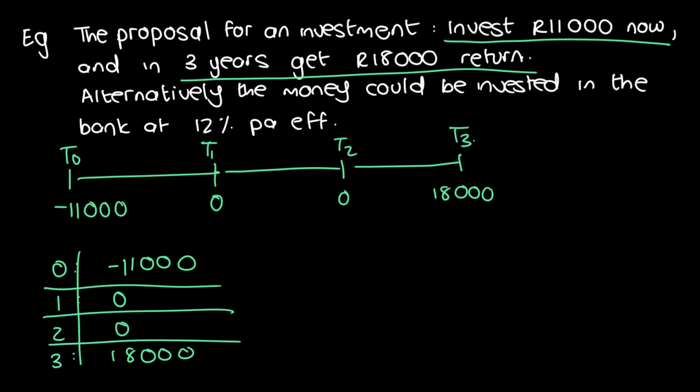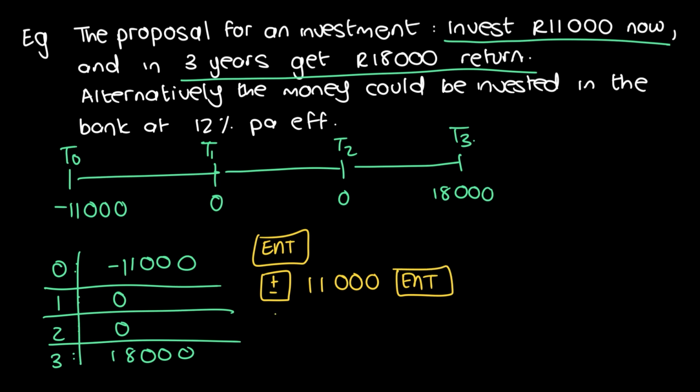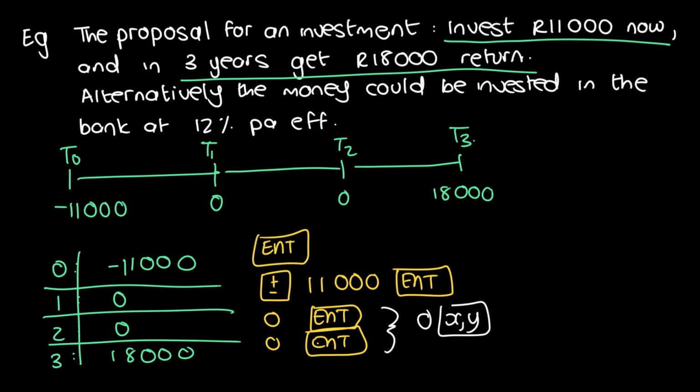Now, how we put that into our calculator is we just use the enter button. So we would start typing plus minus 11,000 and enter. Then we would type 0 and enter, 0 and enter. Alternatively, and if you've watched the NPV videos, you would have seen this, we could enter it as 0, xy, 2, enter.